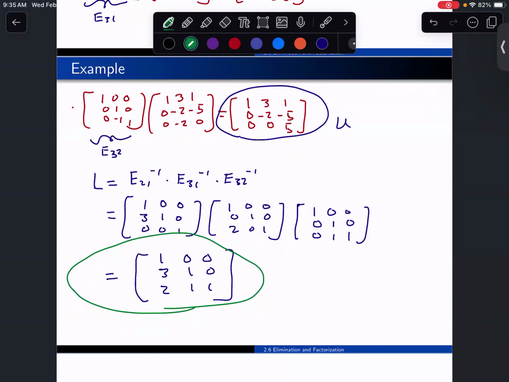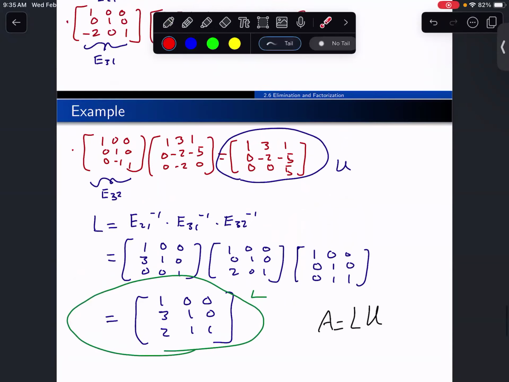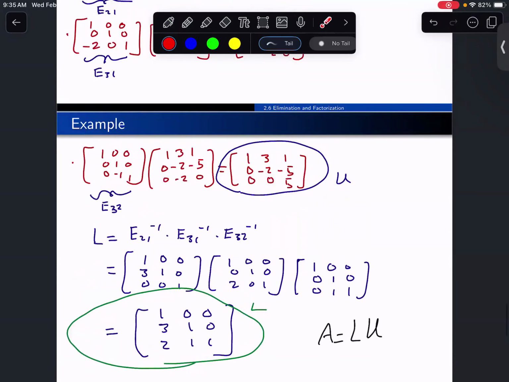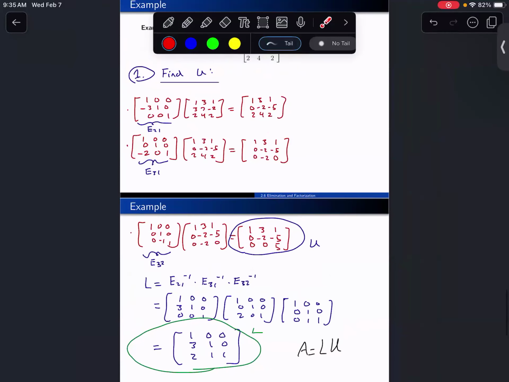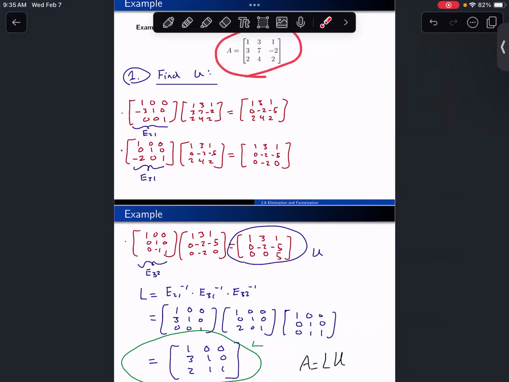And so through this process, we determined that this A is equal to L times U, where L is this matrix, and U is this matrix. And if you really want to check, you can multiply these two matrices together and make sure that it ends up actually being equal to the matrix A that we originally had.